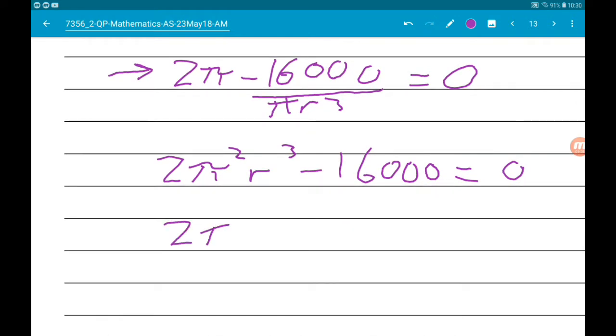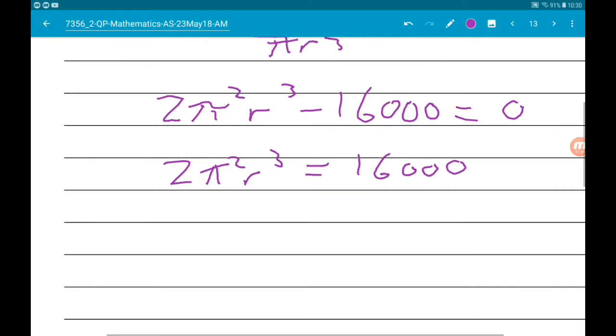2 pi squared r cubed is equal to 16,000. r cubed is equal to 16,000 divided by 2 pi squared, so 8,000 divided by pi squared.